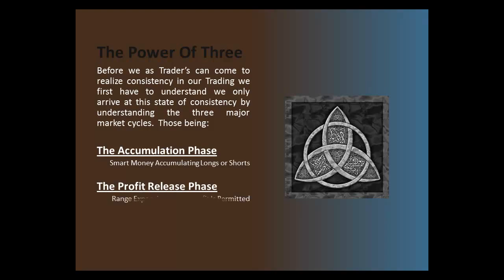This phase is typically the trend following or range expansion move. This is the only time profit taking or profit making is permitted. The distribution phase. This is typically when the smart money distributes its longs or shorts that it had previously accumulated during the accumulation phase.